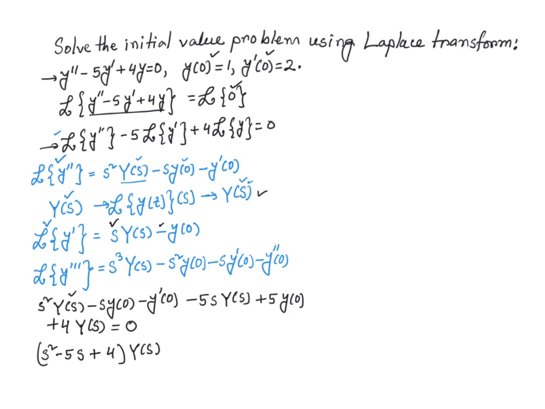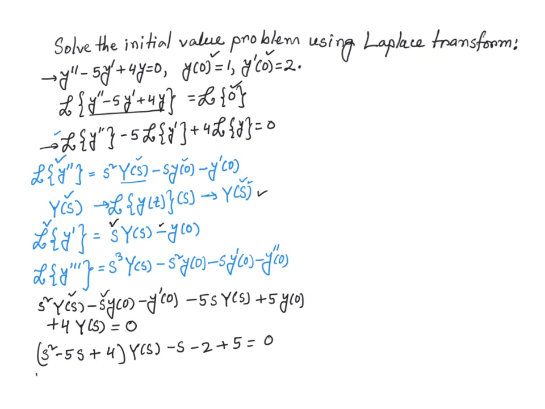Then s times y of 0, but y of 0 is 1, so it's going to be negative s. Then y prime of 0 is 2, right? So negative 2, then plus 5 times y of 0, which is 1, and all of it is equal to 0.